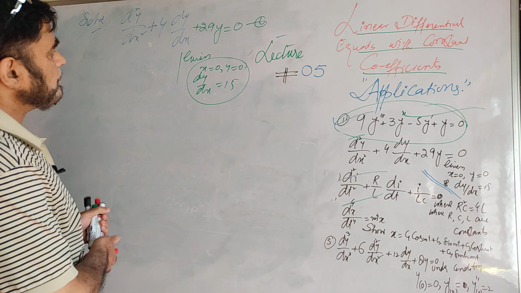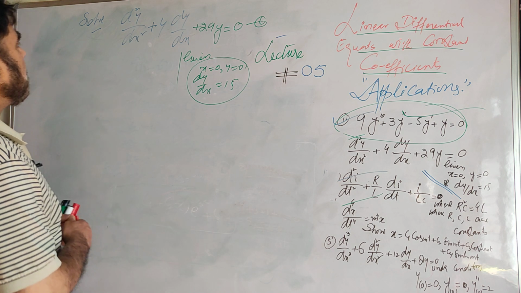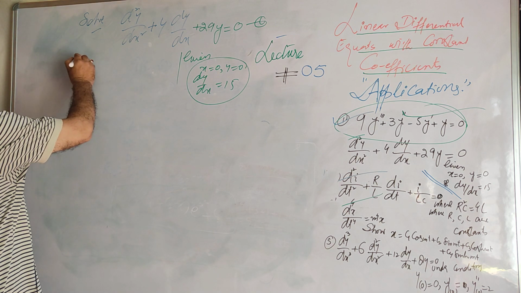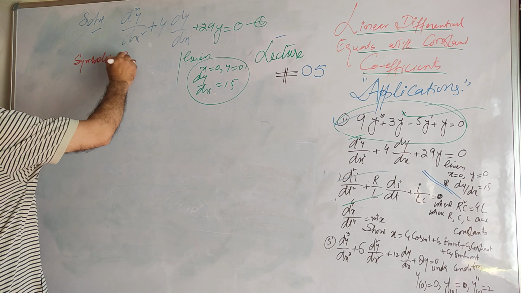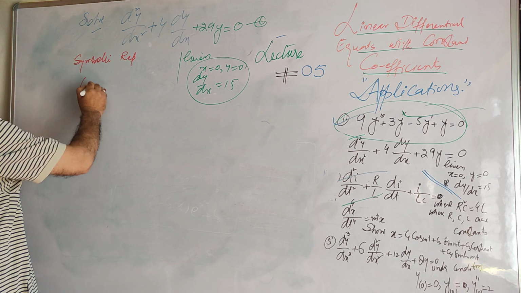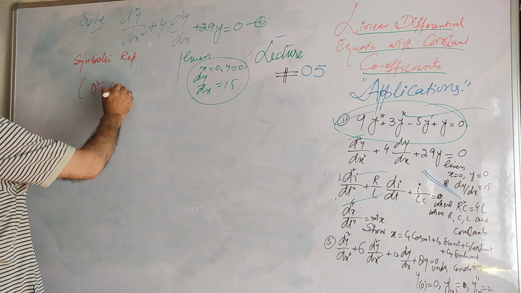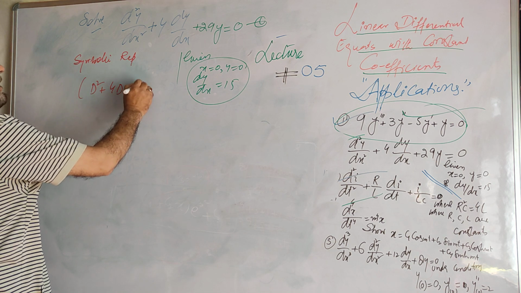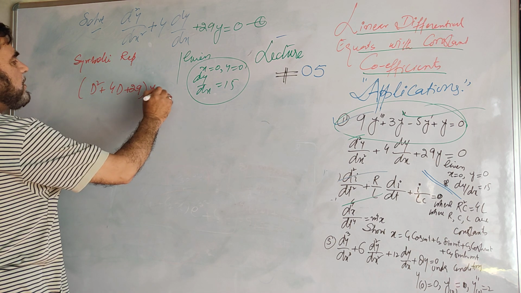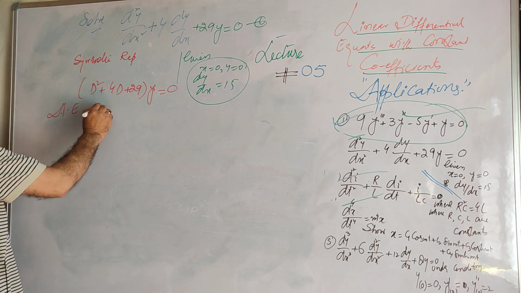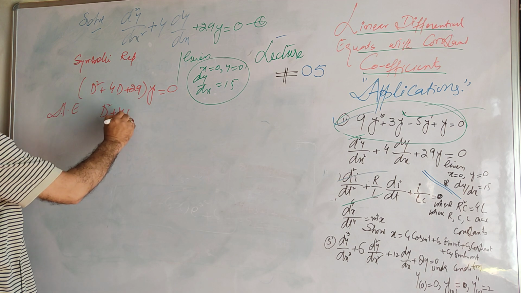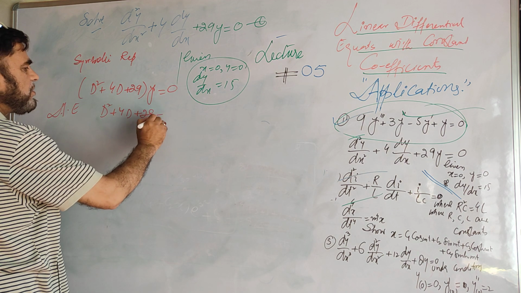Well, let us write it in symbolic representation. You write it as (d square plus 4d plus 29) y is equal to 0. Then you have the auxiliary equation: d square plus 4d plus 29 is equal to 0.